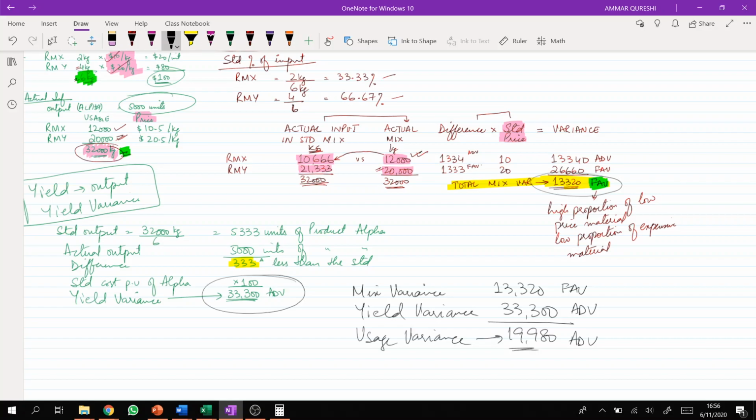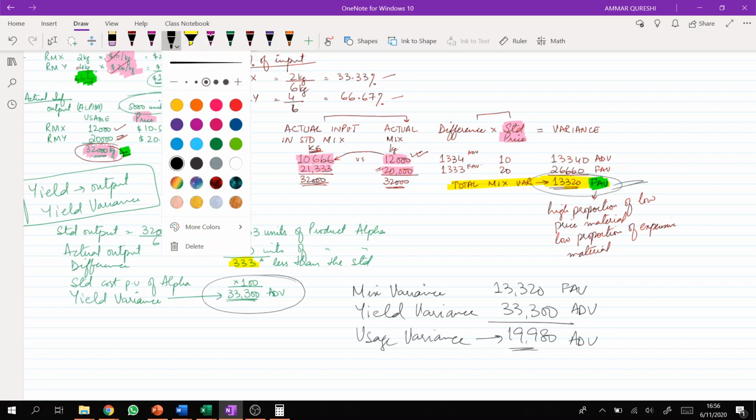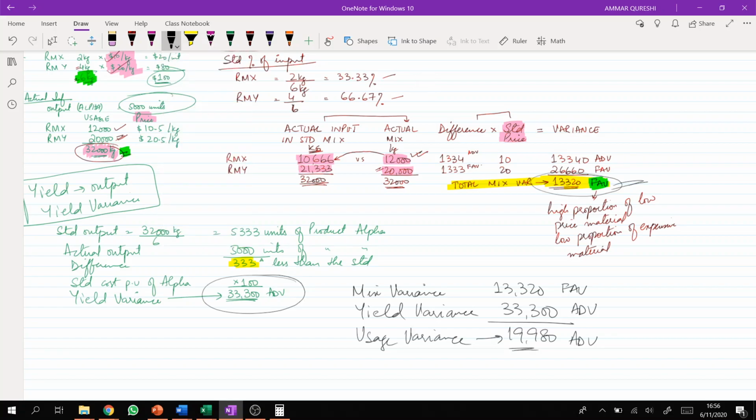They actually saved 13,320 by changing the mix of raw material. But unfortunately, that badly hit the output of the product. I mean, there is wastage in the raw material, because instead of producing 5,333 units of the product, they only manufactured 5,000 units.